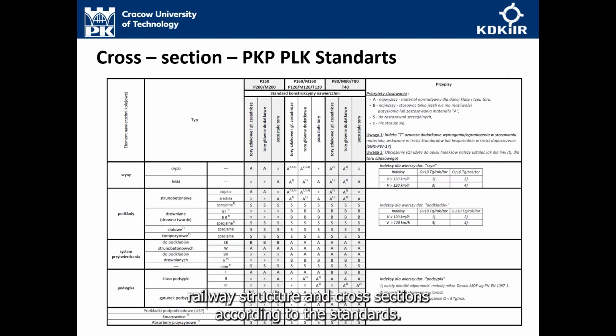Designing railway infrastructure and cross-sections according to the standards of PKP Polskie Linie Kolejowe comes down to deciphering a certain large table. I won't explain all the details here, but we can quickly simplify this table to a simple table for which the reference point is one key technical operational parameter, namely the maximum speed.